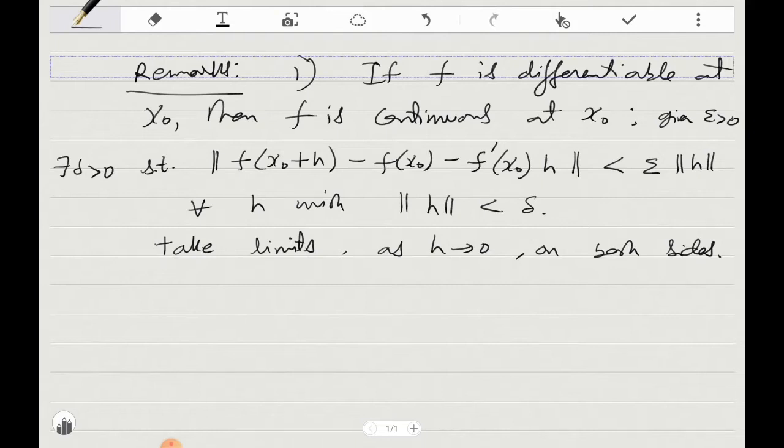So what I'll get is the limit as h goes to 0 of this left hand side.